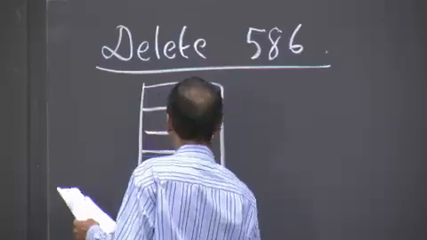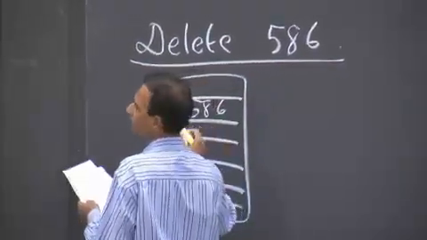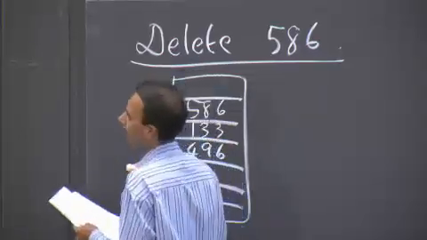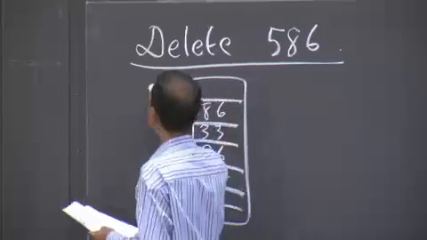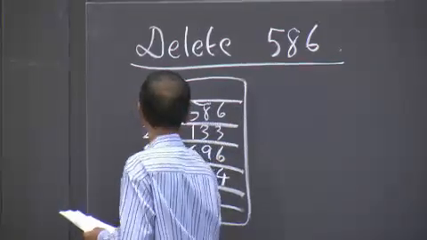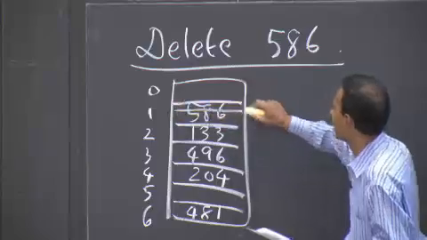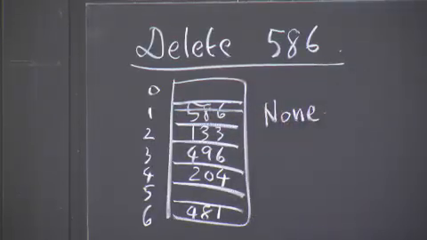So what I end up with is 586, 133, 496, and then 204, and then 481, and this is slot 0, 1, 2, etc. So I'm deleting 586, and let's say I replace it with none.